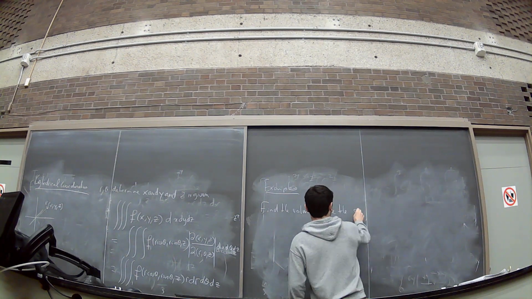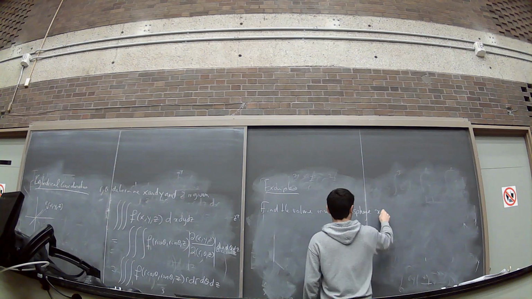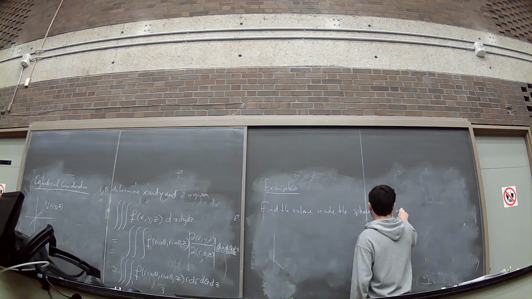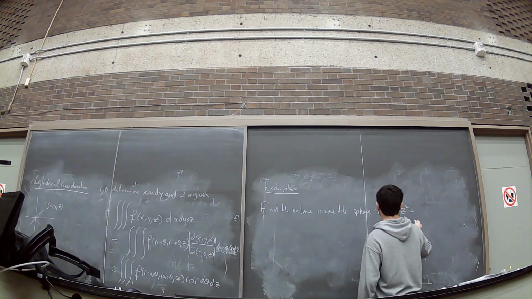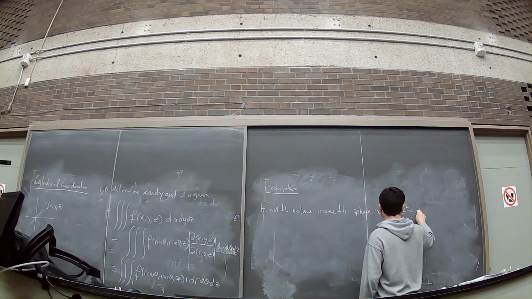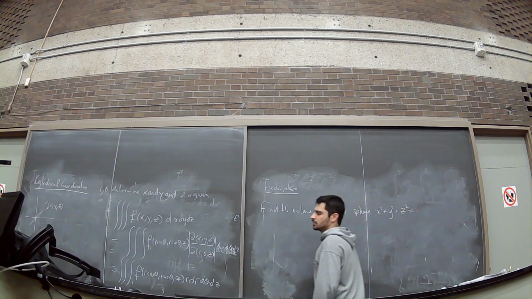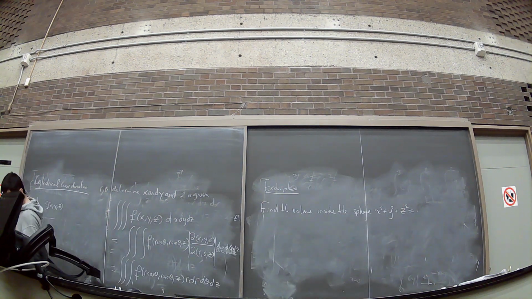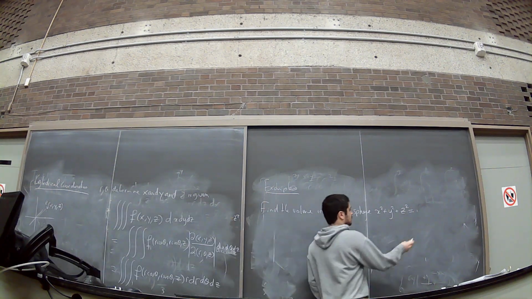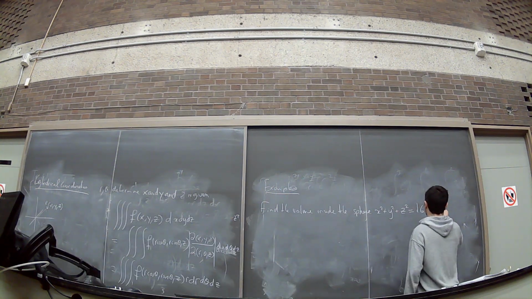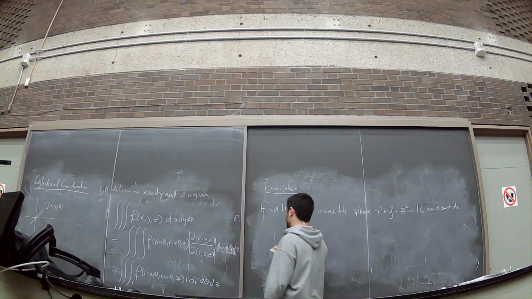Find the volume inside the sphere x squared plus y squared plus z squared equals 16, and outside the cylinder.